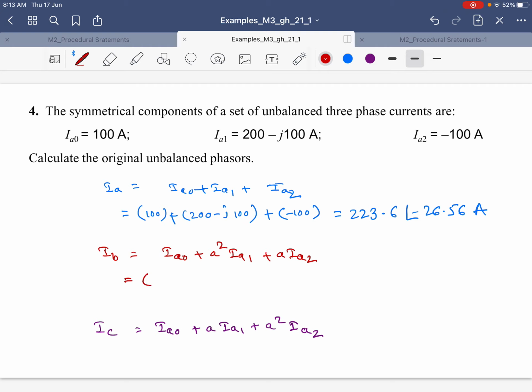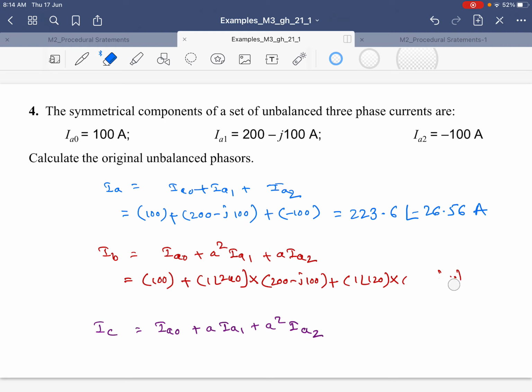Substitute the values again: IA naught is 100, and A square is 1 at an angle of 240, times IA1, 200 minus j100, close the bracket, plus A, which is 1 at an angle of 120, multiplied by IA2, close the bracket.